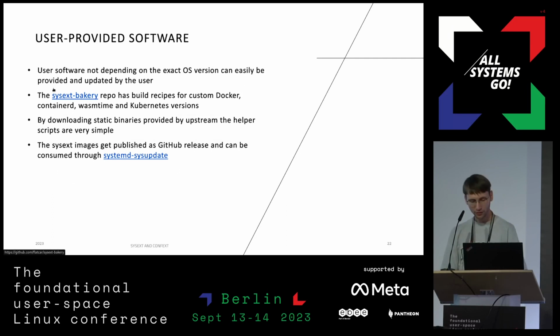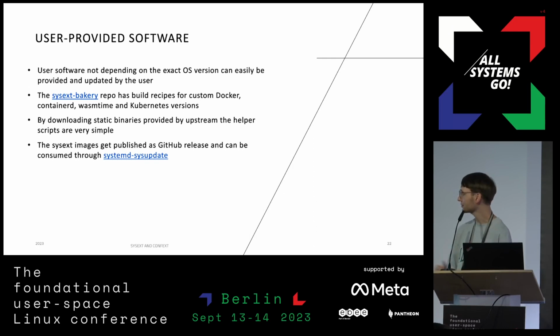And the third use case that we have is user-provided software. So if you don't want to use our Docker version in Flatcar, but your very specific Docker version, for example, or if you want to bring in the Kubernetes binaries, or I don't know what tools you have, the best way to do this is now systemd sysext.